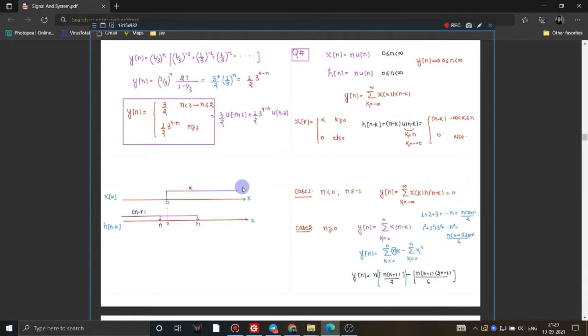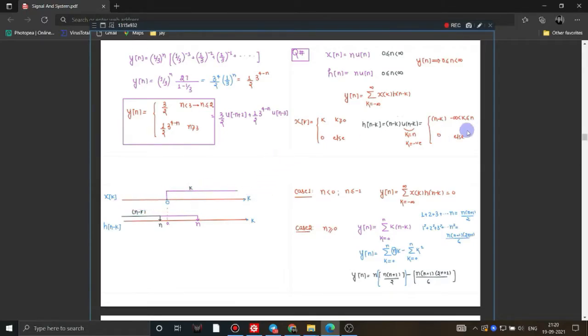So now we make the graphical representation of both of these two functions. So if we make xk, it is k for k greater than or equal to 0. So for k greater than 0 it is k, and else it is 0.